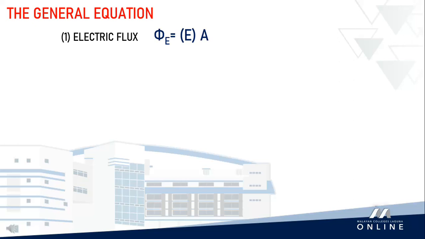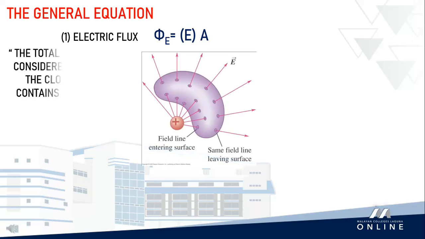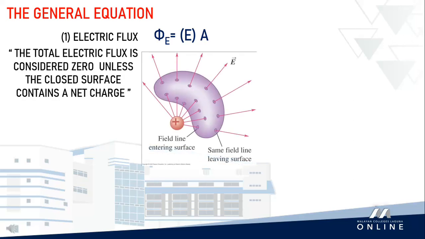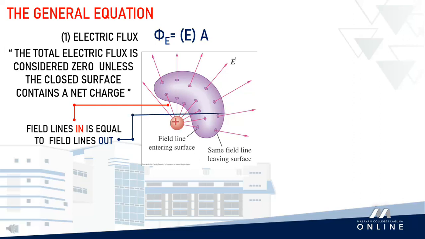Gauss's law postulates that the total electric flux passing through a closed surface is considered zero unless the volume enclosed by this surface contains a net charge. We know that the number of field lines entering the surface is equivalent to the number of field lines leaving it, right?